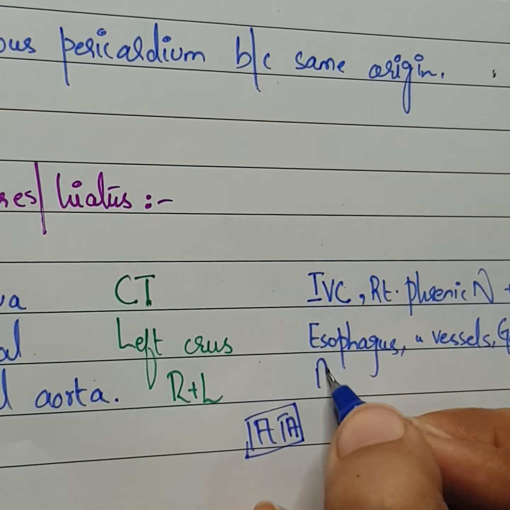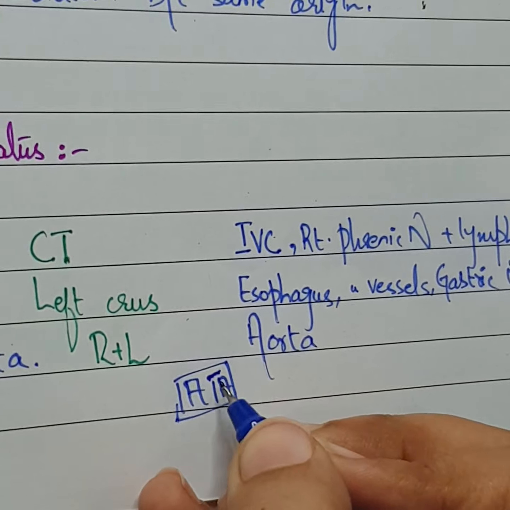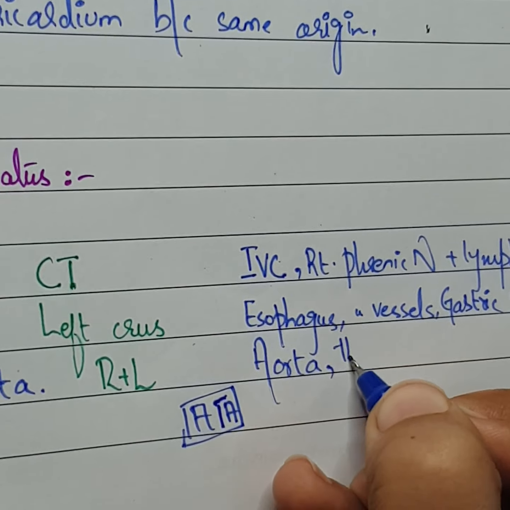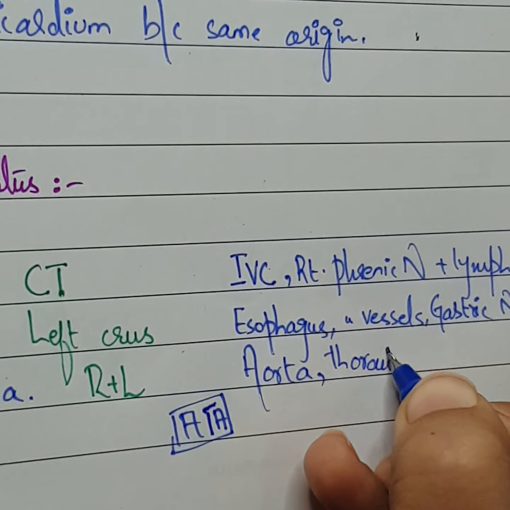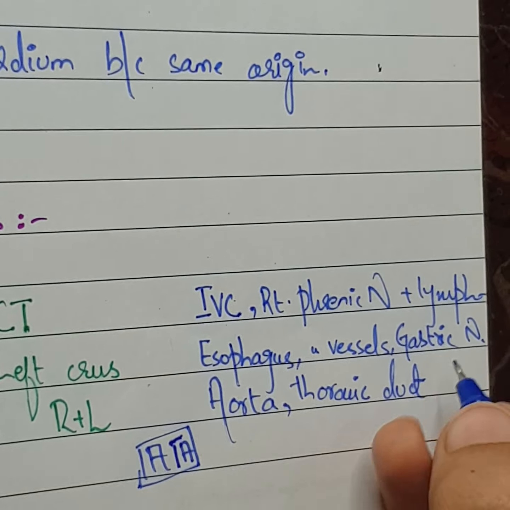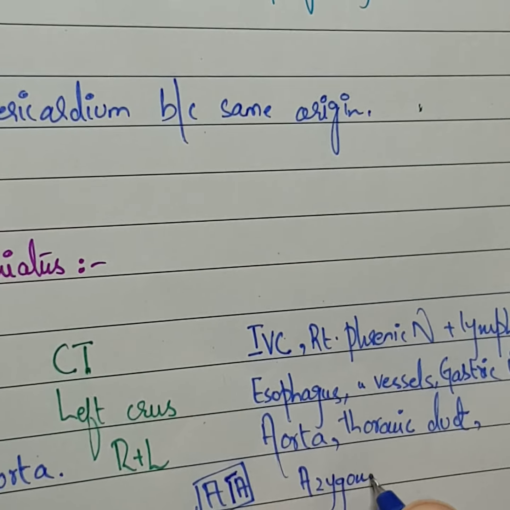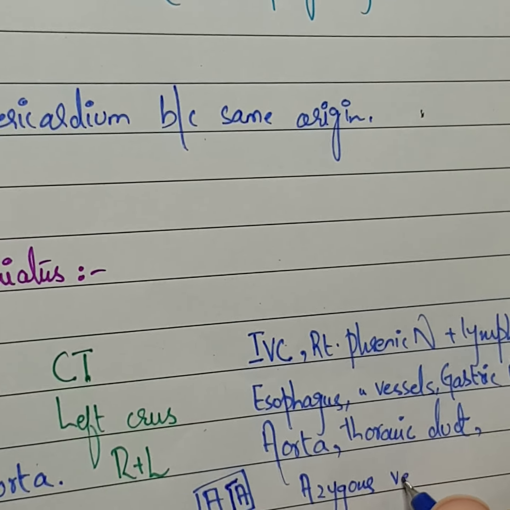We have, of course, first the aorta, then from T we have the thoracic duct, and from the last A we have the azygous vein passing through the aortic hiatus.